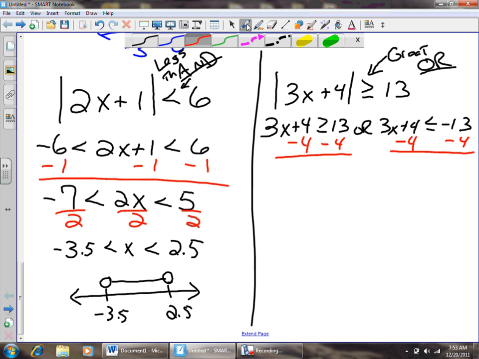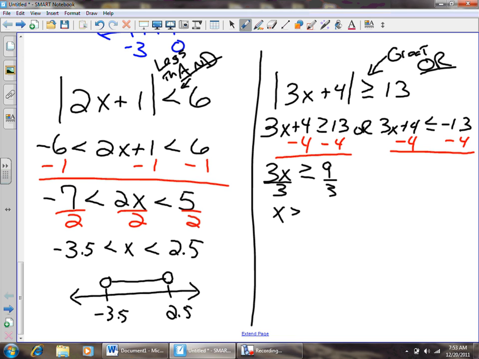I strongly recommend that you do one side and then the other. 3x is greater than or equal to 9, divided by 3, so x is greater than or equal to 3. Or this will get me 3x is less than or equal to negative 17, divided by 3, will get me that x is less than or equal to negative 17 thirds, which would be negative 5 and 2 thirds.